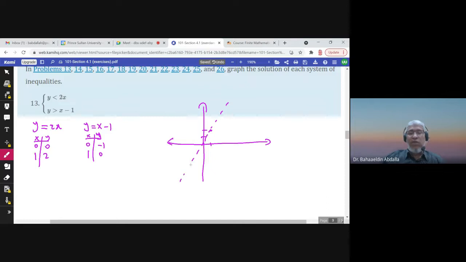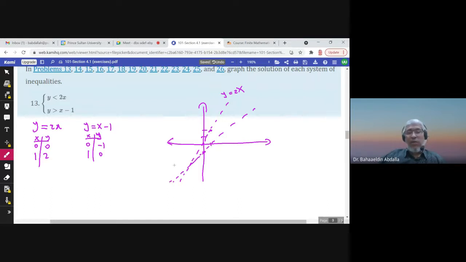So this is the first line, y equals 2x. And the second line is y equals x minus 1, 0, negative 1, and 1, 0. So it is this line, okay?